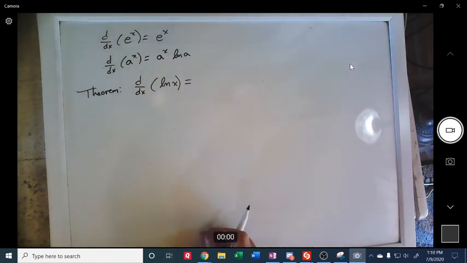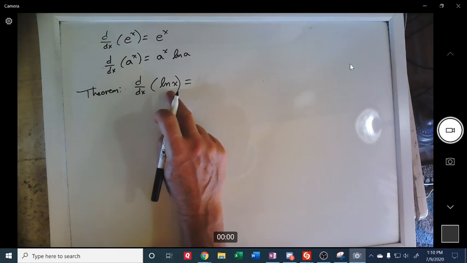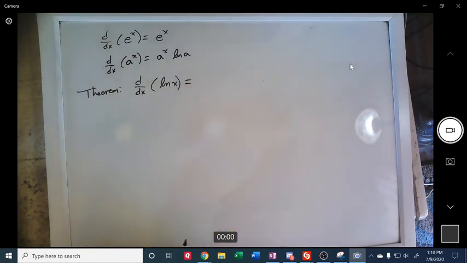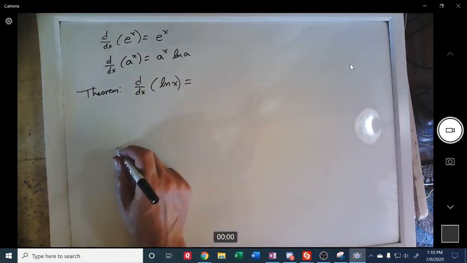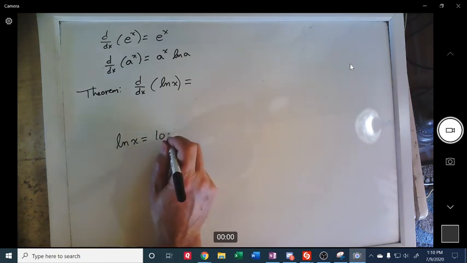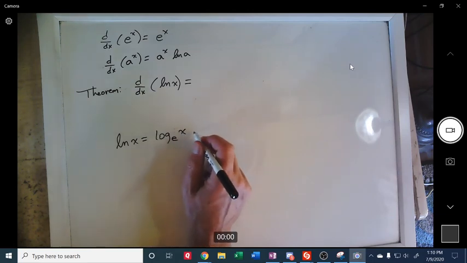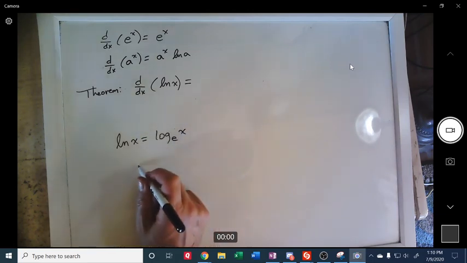If you take the derivative of the natural log of x. Now, before I do this, let's review what the natural log is. Natural log of x is the same as log base e of x. And what's e?